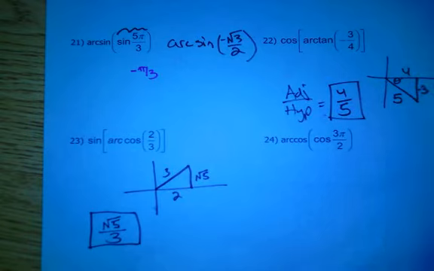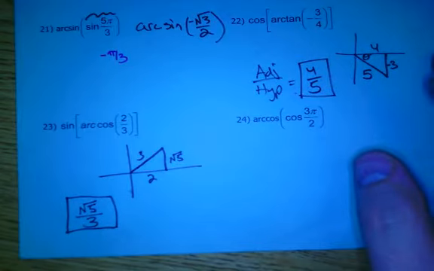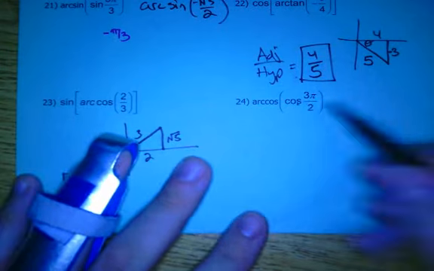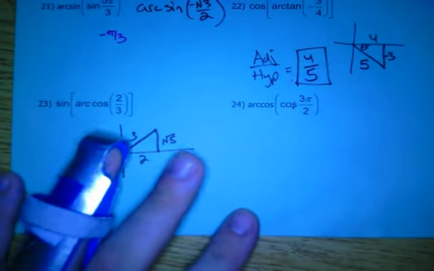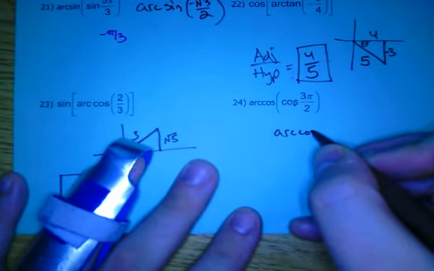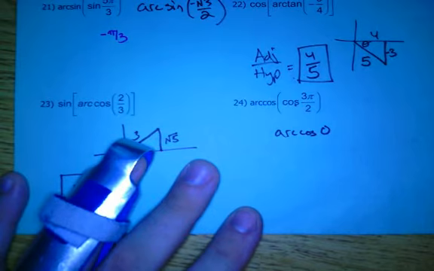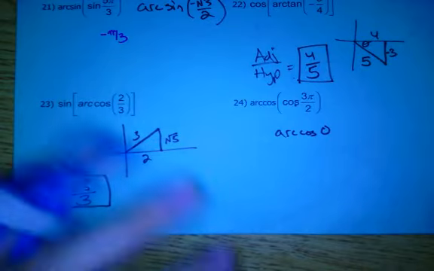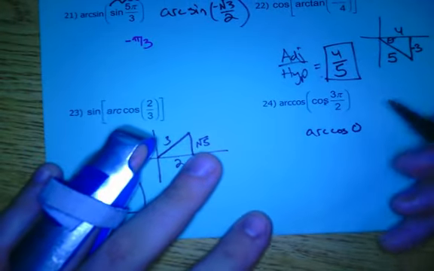If it's on the outside, you probably want to figure it out just in case something weird happens. What is cosine of 3 pi over 2? 0. So what is arccosine of 0? Pi over 2.